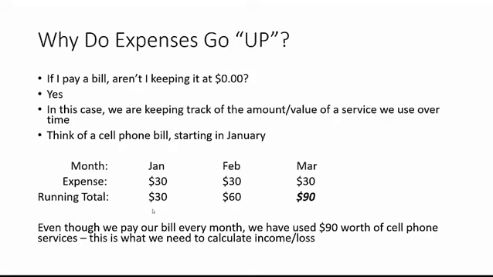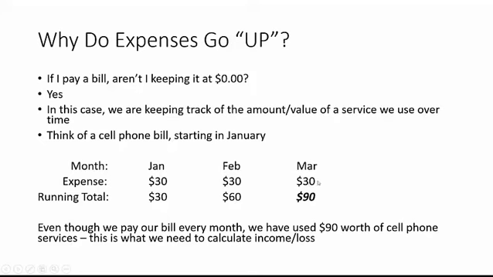If we are using up $30 worth of cell service every month, how much would the total expense be? Another way to look at it: suppose you had budgeted $100 for 3 months' worth of cell service. You would have spent $30 in the first month, and another $30 in the second month, so now your total is $60 that you've used.